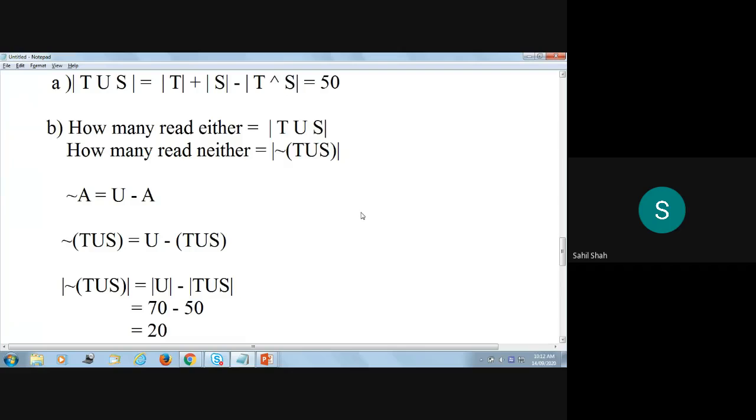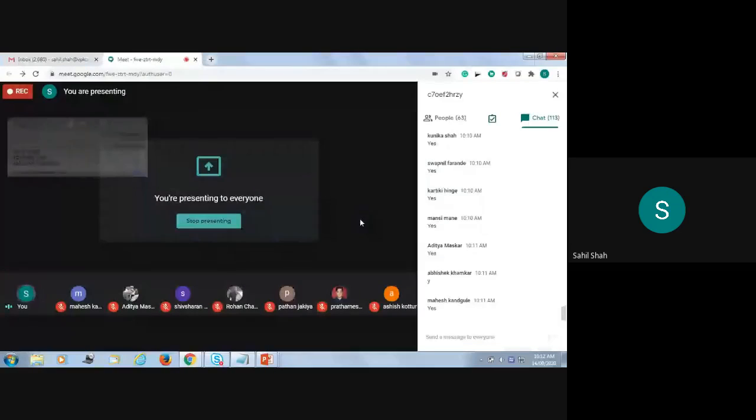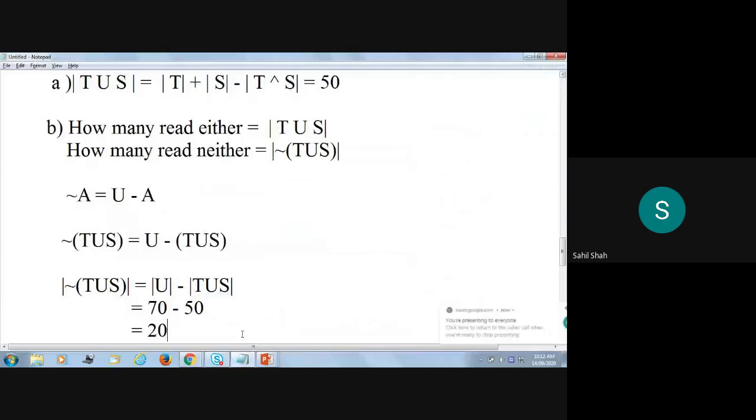I hope it is clear now at least. Still, if you are having confusion, let me know. Do you have confusion still? Have you understood how this is coming? So always remember, if there is usage of or, at least, we have to make use of union.